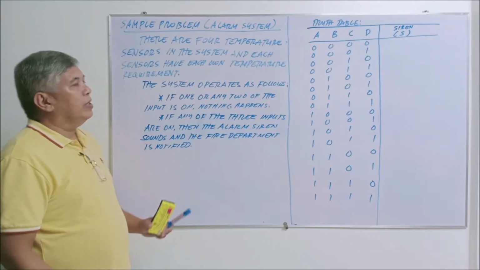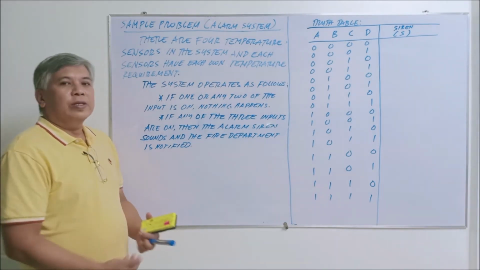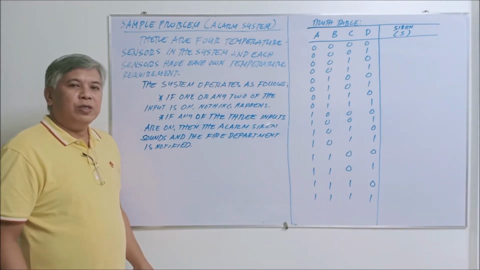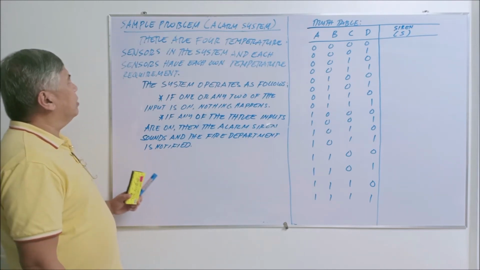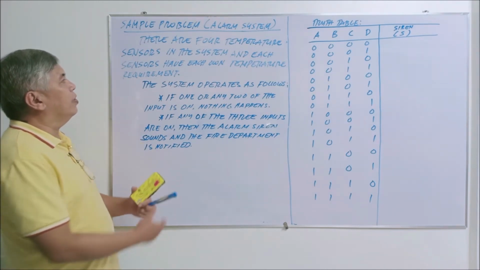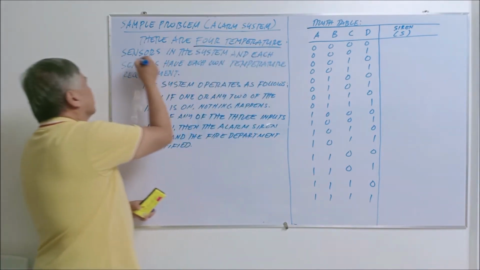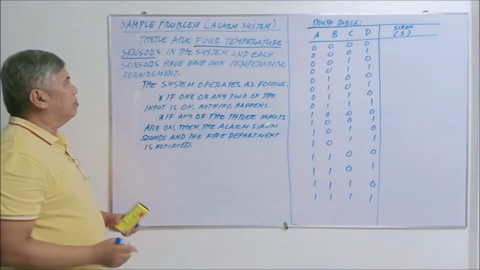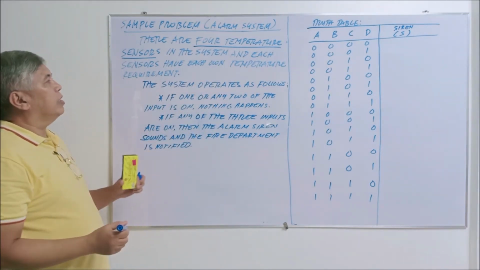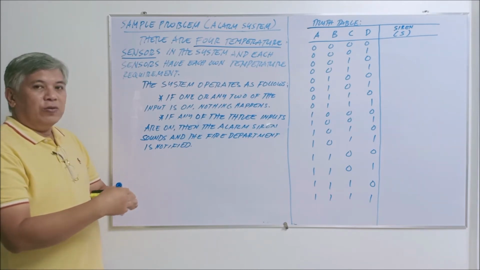We have now a sample problem, and this time it's about an alarm system, no? To be specific, a fire alarm system. The problem states that there are 4 temperature sensors. These are our inputs, 4 temperature sensors in the system, and each sensor has its own temperature requirement.